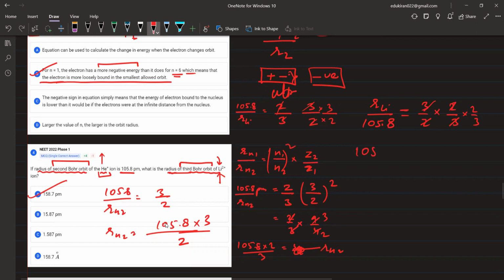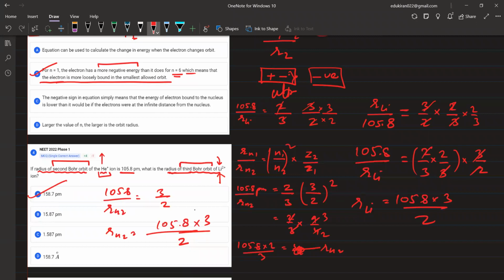This would be like this, 105.8 divided by R Li is equal to N1 है आपके पास कितना, 2 by 3 का whole square, that means 2 into 3 into 2 into 3 multiplied by Z2 upon Z1. Z2 is equal to lithium का होता है 3 divided by 2. 3 3 से 2 2 से कट जाएगा. R lithium will be equal to 105.8 into 3 divided by 2.